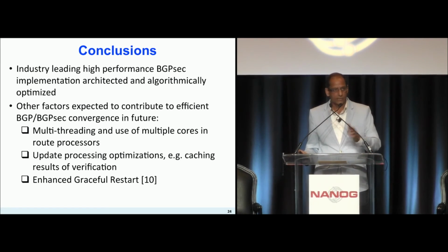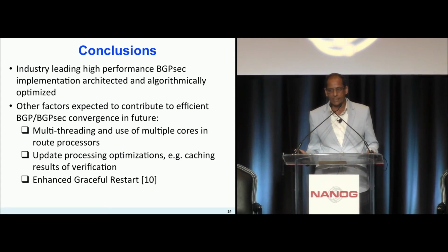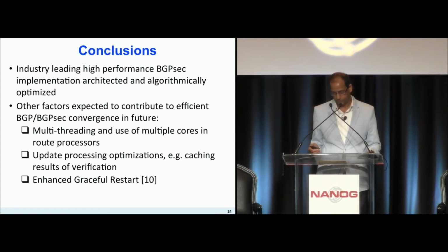There will be other factors that come into play to keep up with the efficiency of BGP as well as BGP convergence, and those could be multi-threading and use of multiple cores in route processors, update processing optimizations besides the optimizations that Mehmet has talked about, and those can include caching the results of verifications and enhanced graceful restart. There is a draft in the IDR on that, and that could help BGP as well as BGPsec in the future. Thank you.